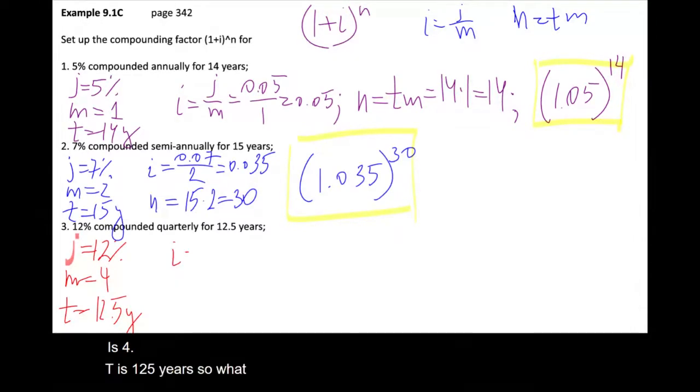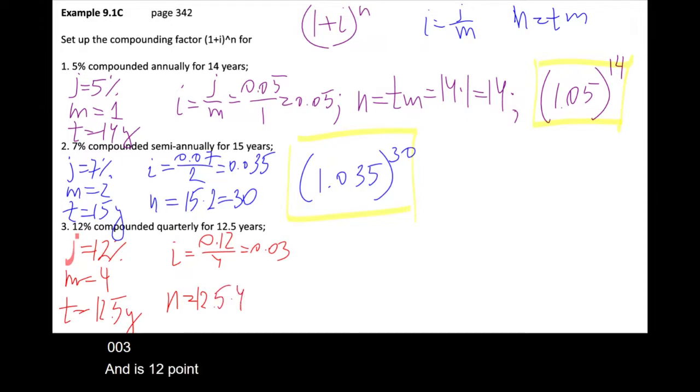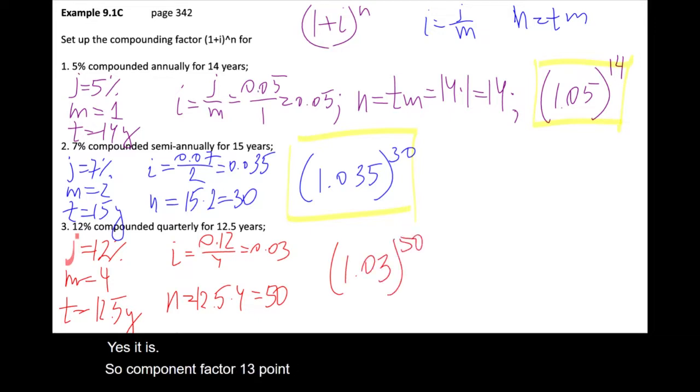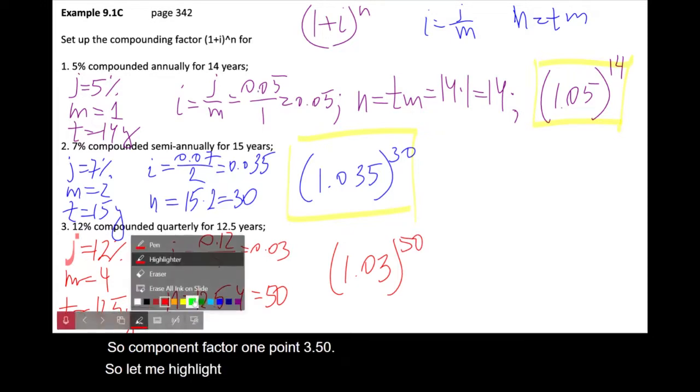So i is 0.12 over 4, which is 0.03. N is 12.5 times 4. What is it, 50? Yes, it is 50. So the compounding factor is 1.03 exponent 50. Let me highlight it.